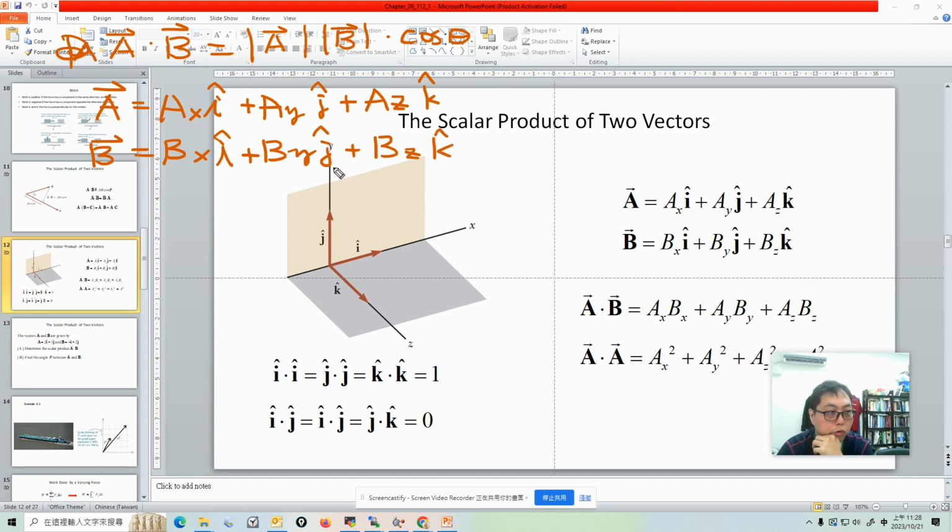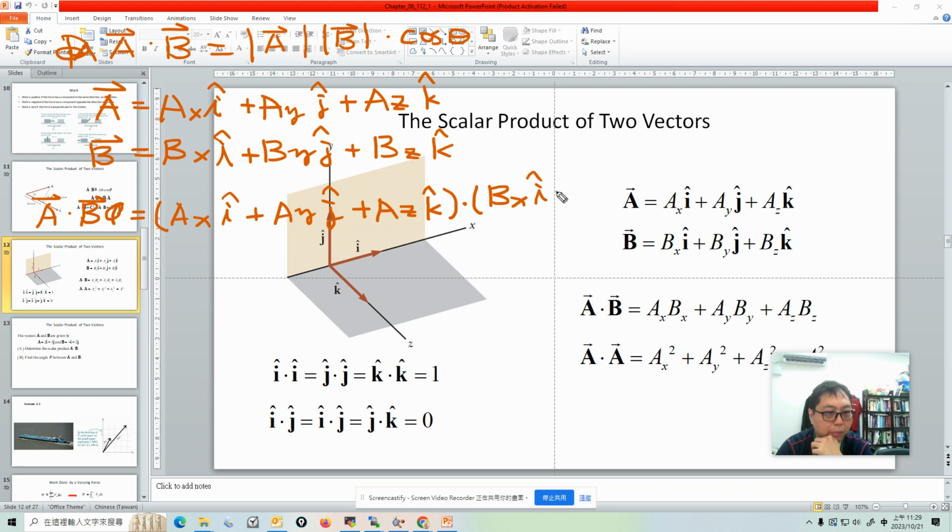When you want to use the component language for the dot product, what will happen? A dot B will become like this. It takes a lot of time to write down this dot product.